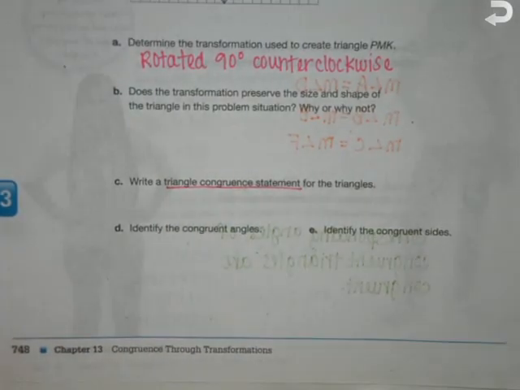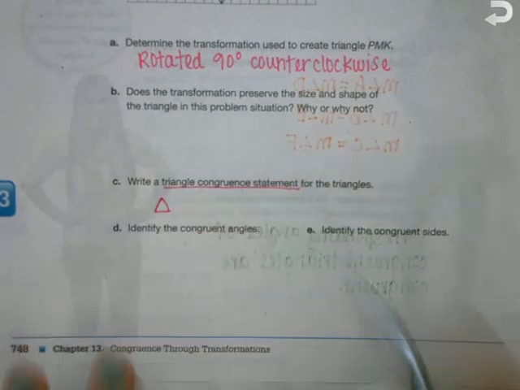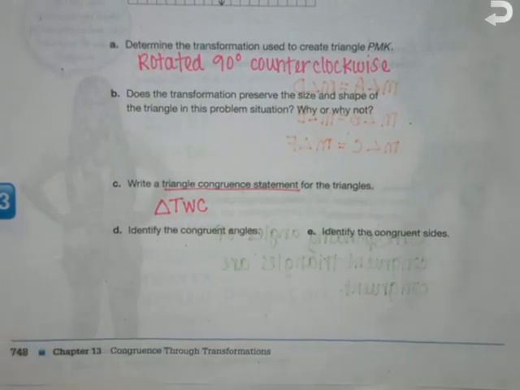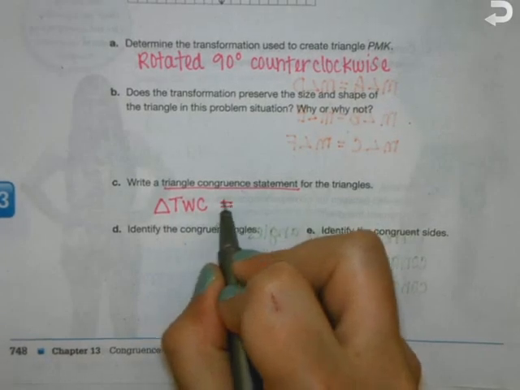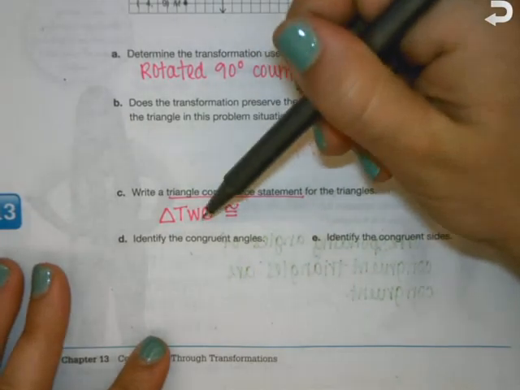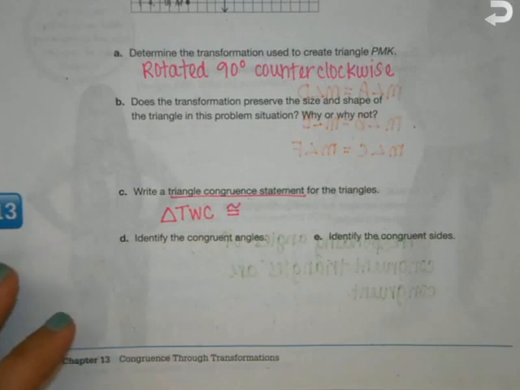Triangle congruence means that we're telling you which parts of the triangle are congruent to each other. So we have to start with the original, triangle TWC. Okay? Is congruent. It really doesn't matter what order you list the points in, just as long as when you write the congruent one, you do them in the same order. Okay?